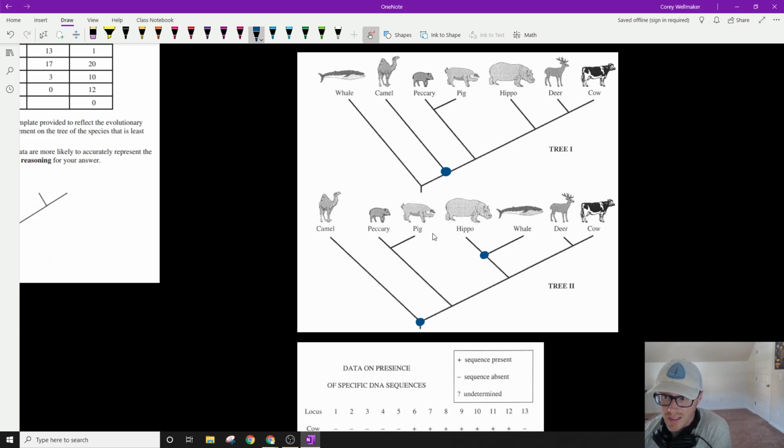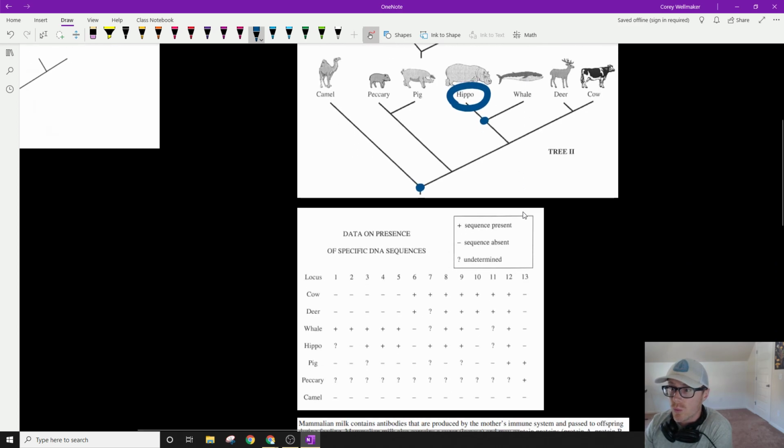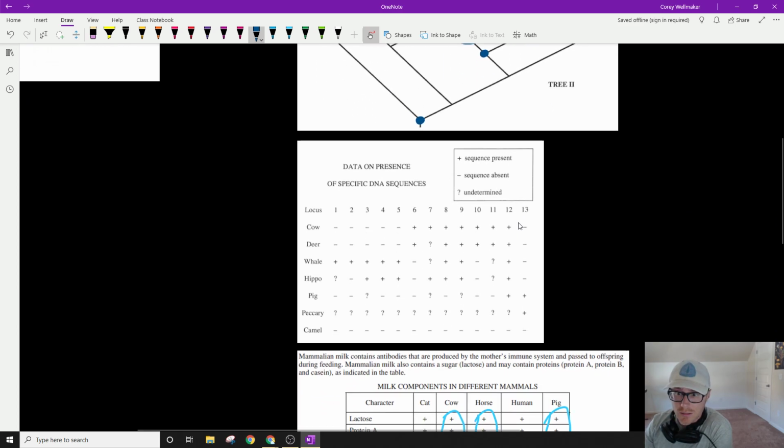And so based off of this, we would say that a hippo is more closely related to a whale than a hippo is to a cow. And this one up here, we're saying that a hippo is more closely related to a cow than it is to a whale, right? So these two cladograms are saying some dramatically different things. And so let's see what the data shows.